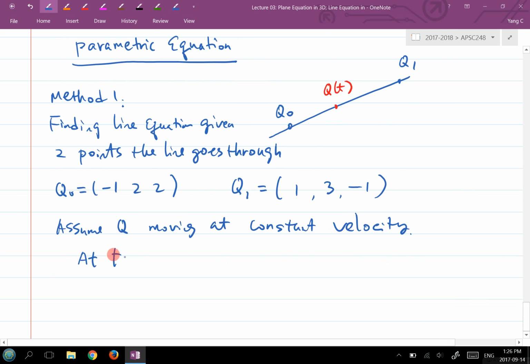Suppose that at time t equal to 0, this Q is at this Q0 location. After a certain duration, capital T, this Q is at this Q1 location.